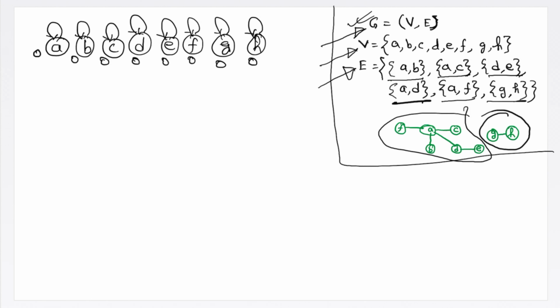Now, the first edge is AB. For this, we have to call union between these two.